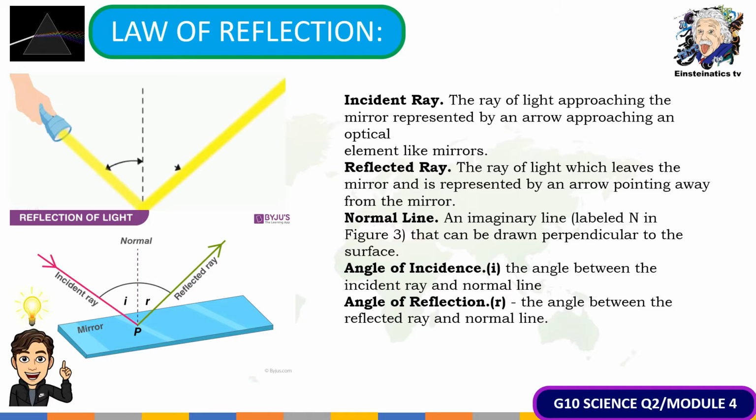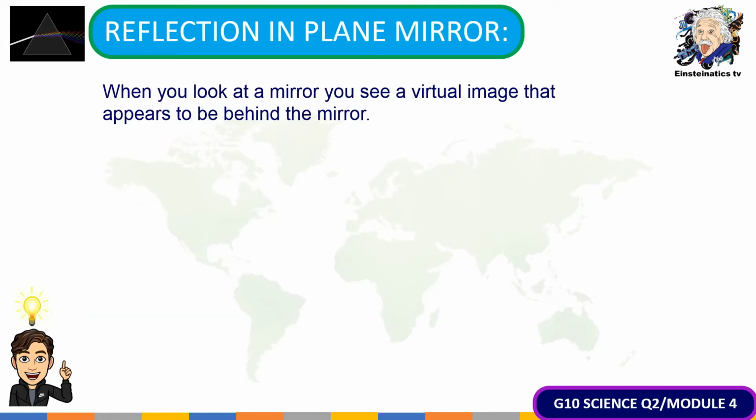Now, yung normal line naman, it is just an imaginary line that is drawn perpendicular to the surface. Yung angle of incidence, it is the angle between the incident ray and the normal line. At saka yung reflection naman or angle of reflection is the angle formed between the reflected ray and the normal line.